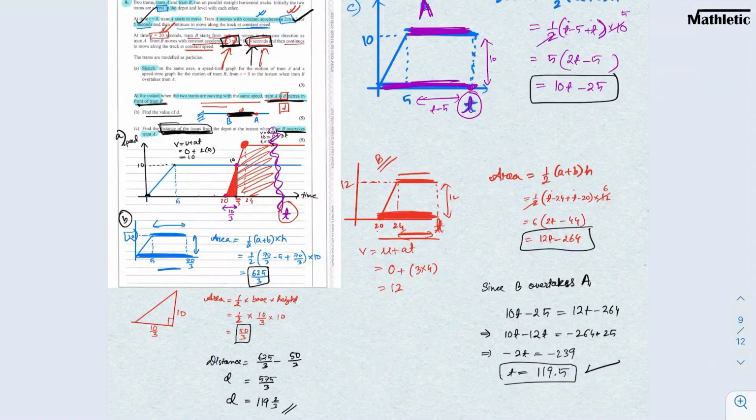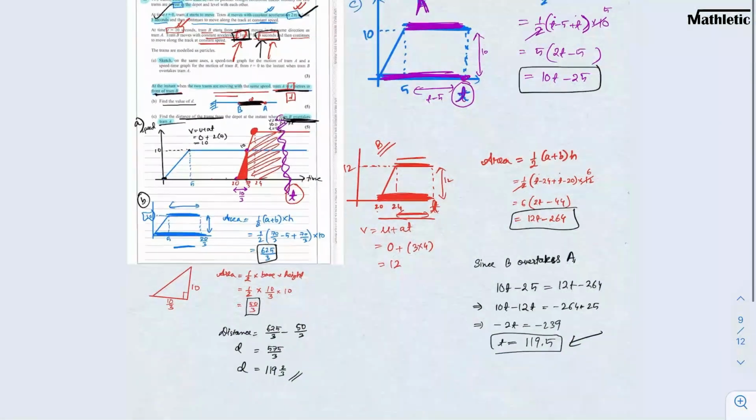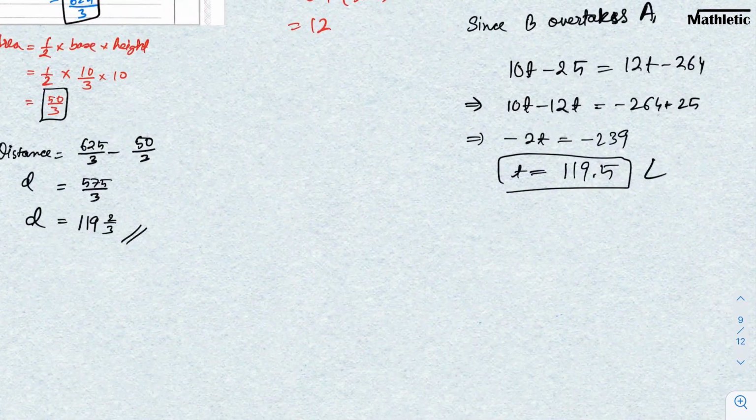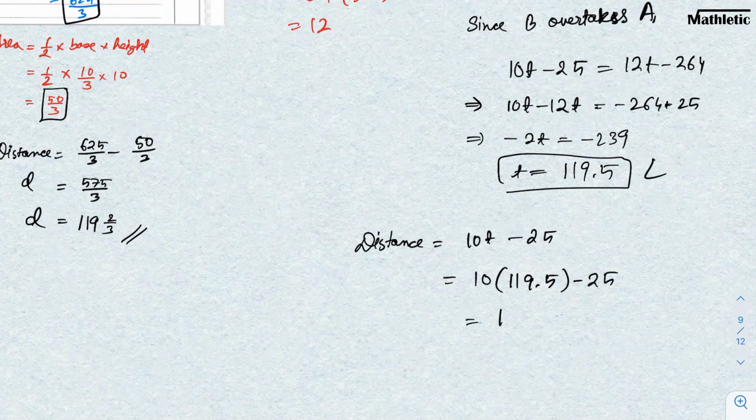So we got t equals 119.5, and we have to find the distance of the tram when B overtakes A. Since they are at the same location, we can substitute this t in either of these equations, because both will give us the same distance. Let me use the first one, 10t minus 25. Substituting the value of t, that's 1170 meters.